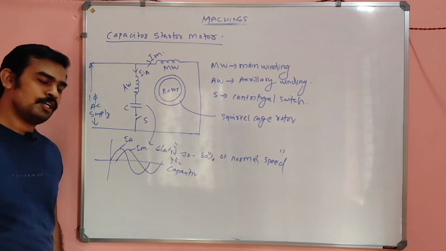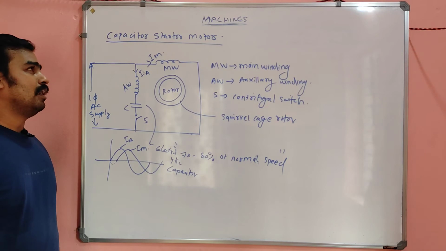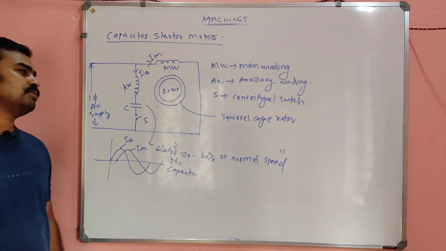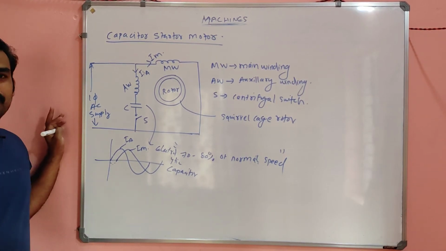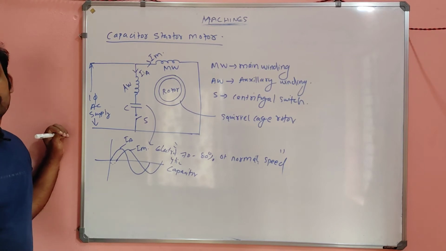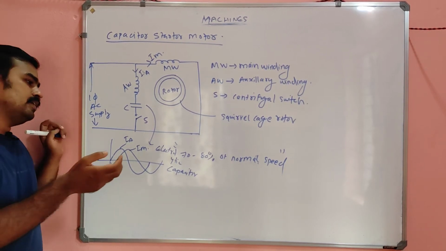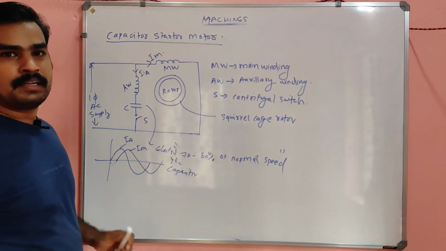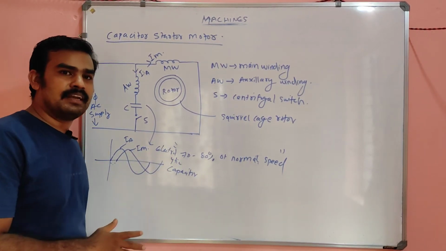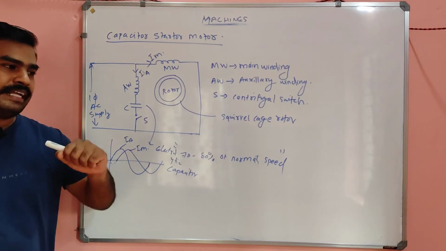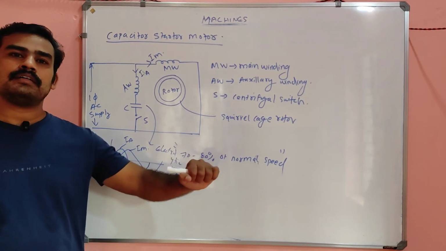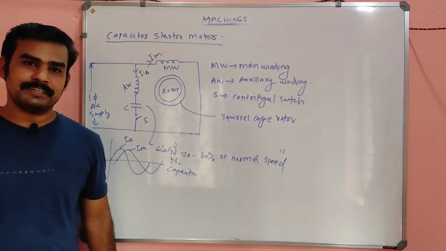Is it clear, my dears? So that is the concept of the capacitor start motor. By using an auxiliary winding, you can start the single phase induction motor like a 3-phase induction motor, and after reaching 70 to 80% of the normal speed, every induction motor works like this. Initially we have to pull the motor to some rated speed.